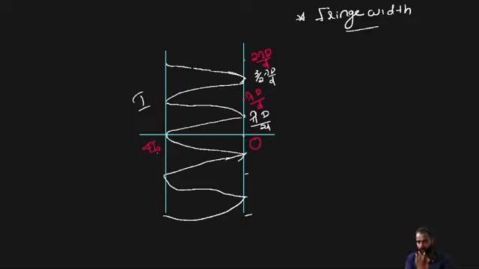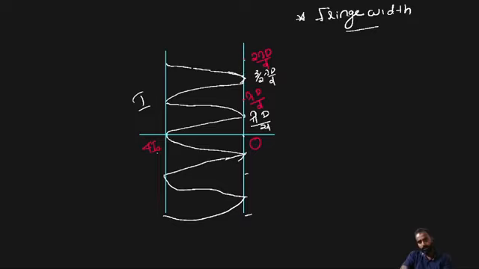It should be consecutive, either between two consecutive maxima or between two consecutive minima. Hope it is clear.